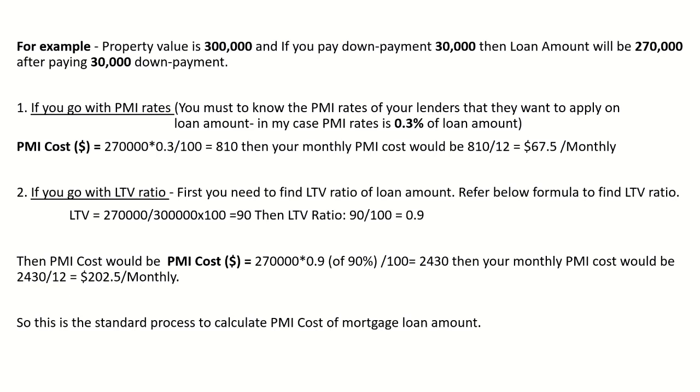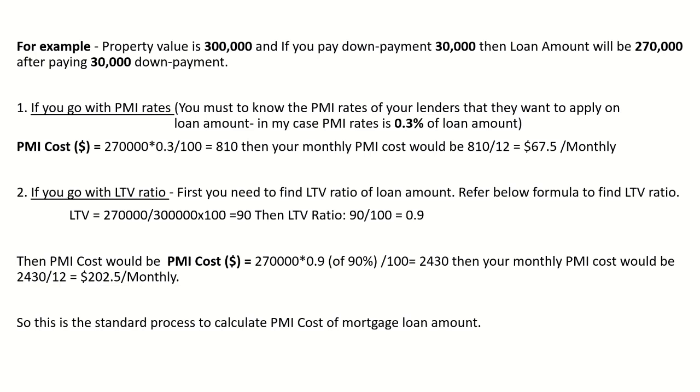If I take 0.3%, then PMI cost would be 270,000 times 0.3 divided by 100, equal to 810. So this is the annual PMI cost, 810. You can calculate monthly as well. To calculate monthly, just divide by 12. So finally $67.5 is the monthly PMI cost using PMI rates.